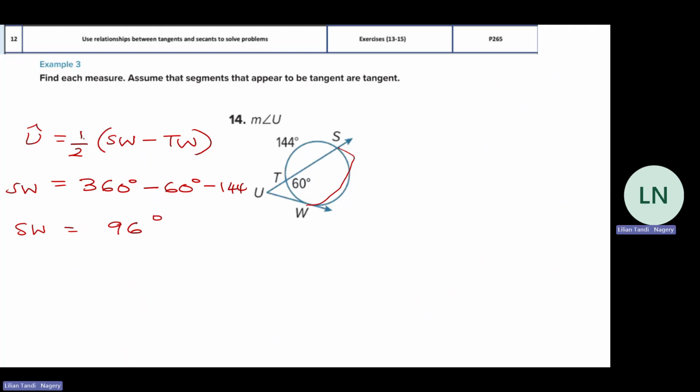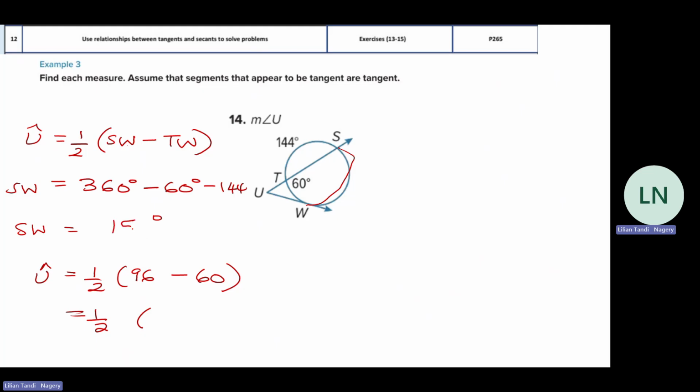Then now I can do this. So angle U will be half of SW, which is 96, minus TW, which is 60. Sorry, this should give me 156.